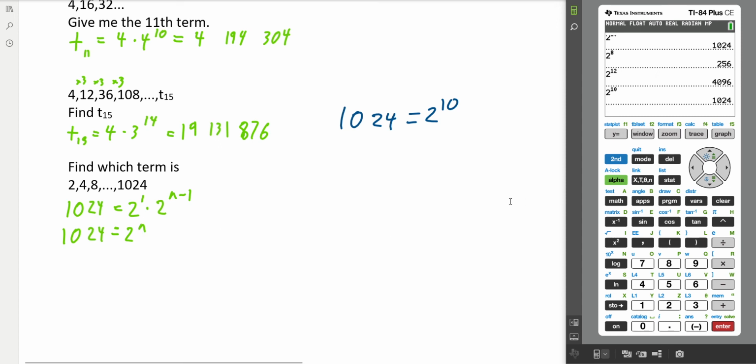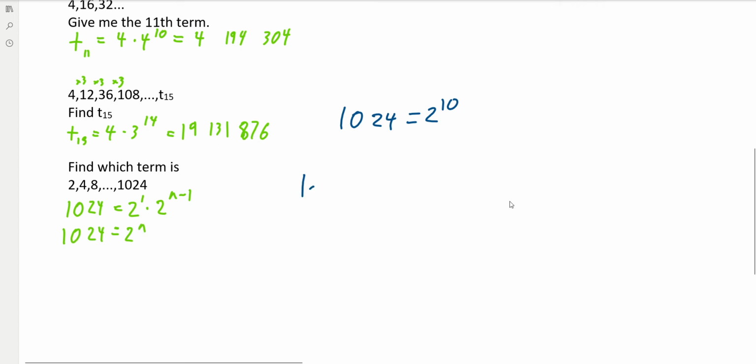All right, another possibility is, I just mentioned this briefly in class, we could use logs, which I know that you guys don't know at this point, but this is another possibility where we know that the log of a base answer equals the exponent. So if you go log base 2, it's going to give us this answer.